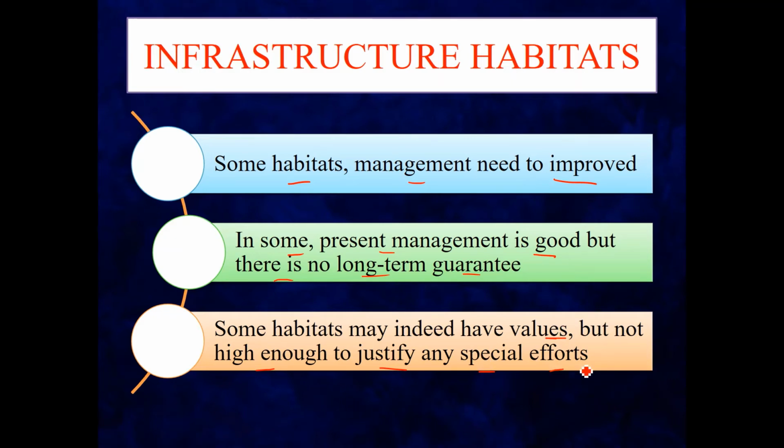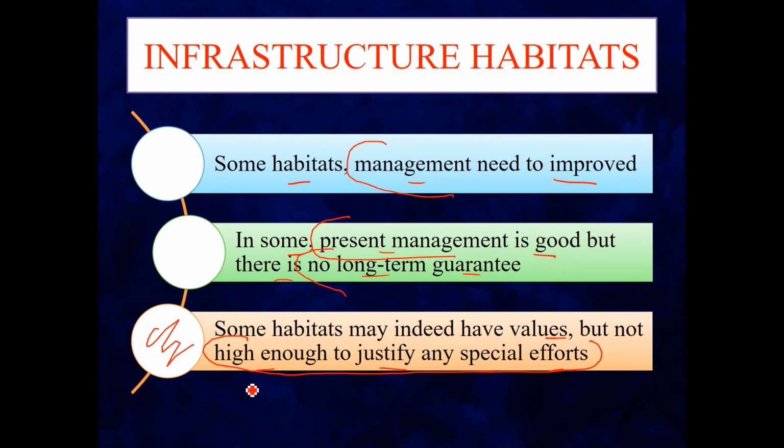Right? So here we have three types of habitats. One which is managed, one which is presently managed but has no long-term guarantee, and the last one which is not high enough to justify any specific effort because it's a destroyable habitat.